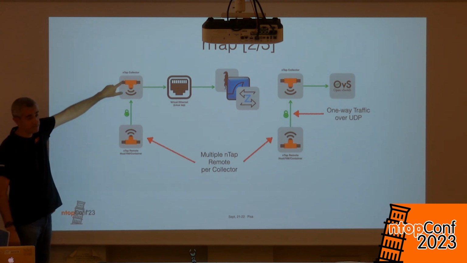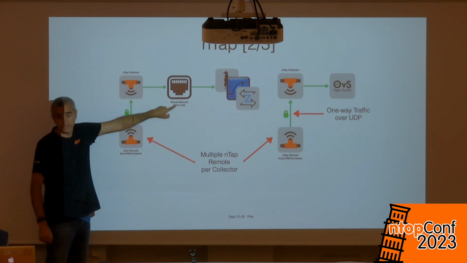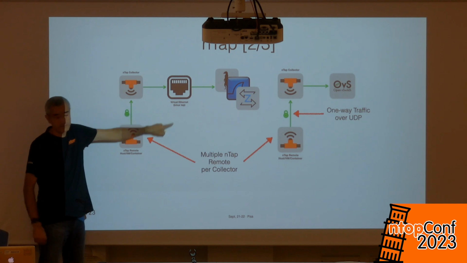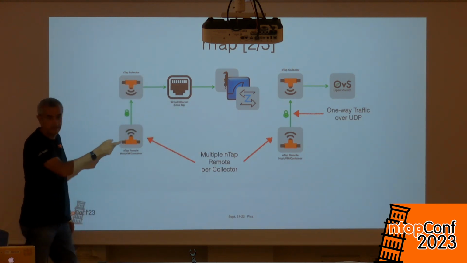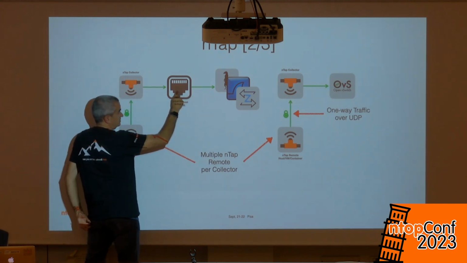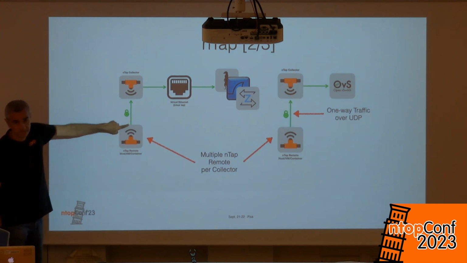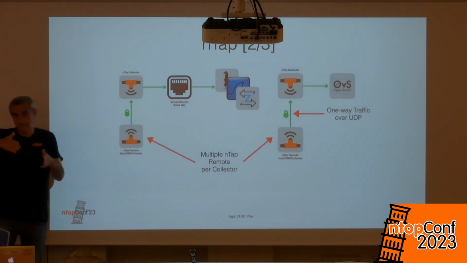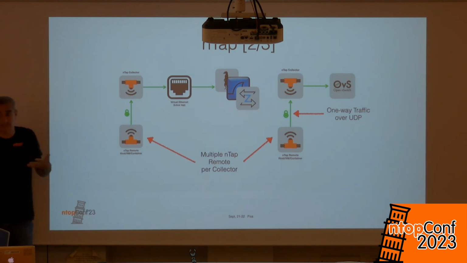The remote collector is one application you run on your PC, Linux for instance, and it creates a virtual interface on the host. So here you will see a virtual Ethernet interface. Whenever you attach, for instance, Suricata or Wireshark to this Ethernet, in essence you're capturing packets delivered by this guy. So you can have one virtual interface per remote device or remote site from which you're capturing traffic.